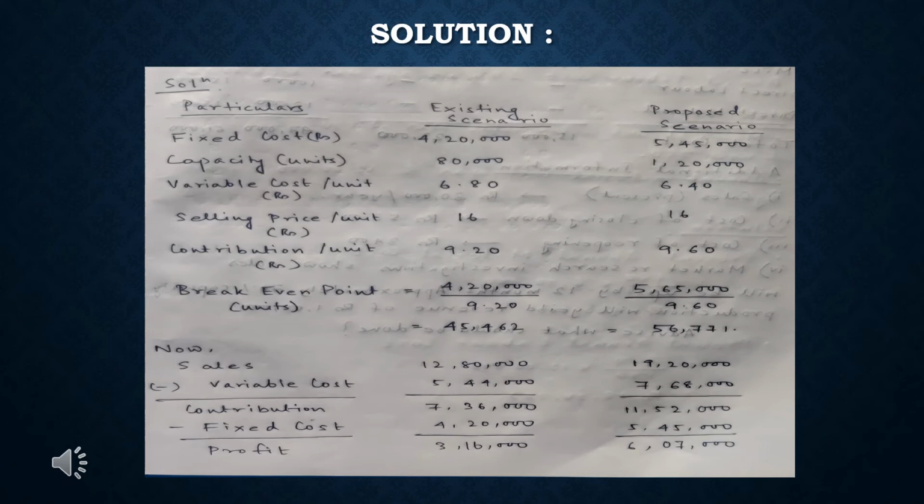So we can say that if the production is increasing at a 50% rate, the profit is increasing at 90%, which is far better. So the organization should go for the proposed scenario. This is how we need to make the decision even after calculating every single variable.